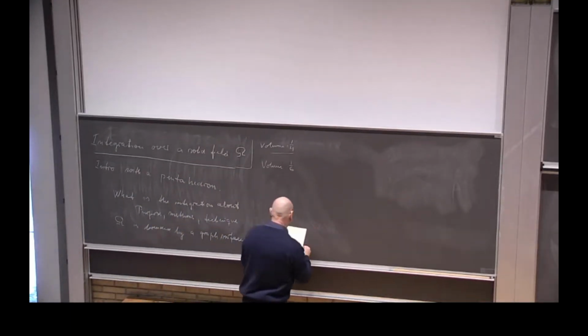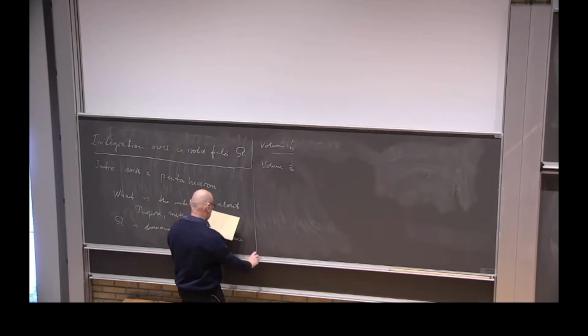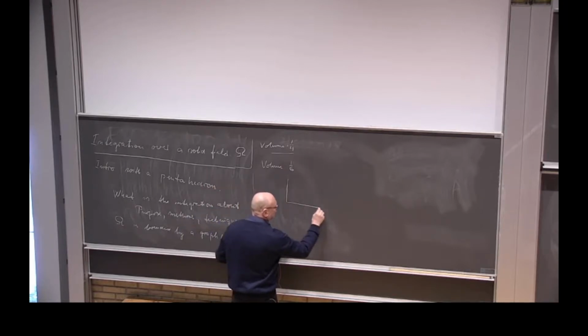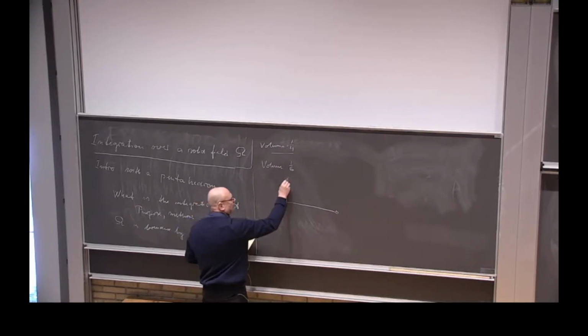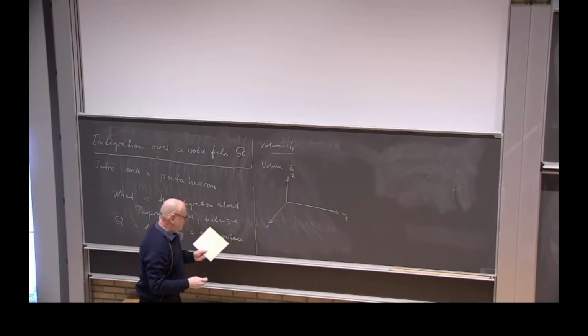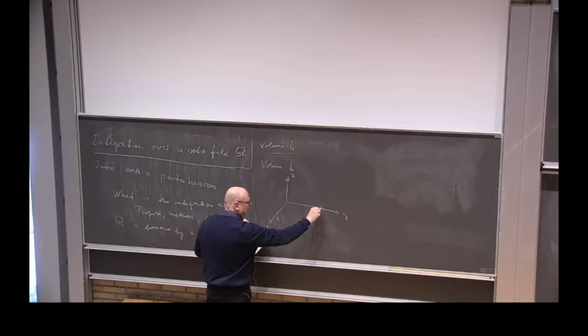So let me draw it. I have the usual x, y, z coordinate system, and then I place my box. This is the width of the box, and this is the length of the box.